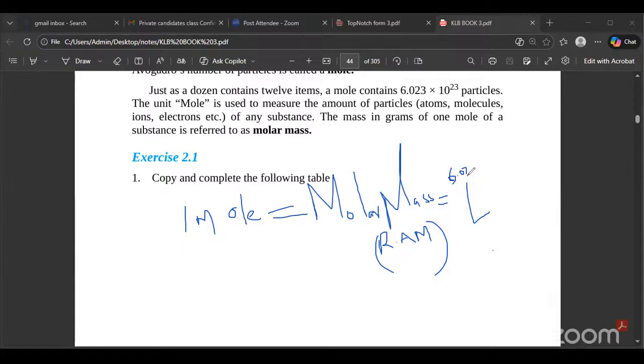This thing, please, don't forget it. If you forget this one, especially the first part, the upper one, we might not really have to solve the empirical formula and the molecular formula yet. But this one is normally used to show us the number, and remember, this one is particles.